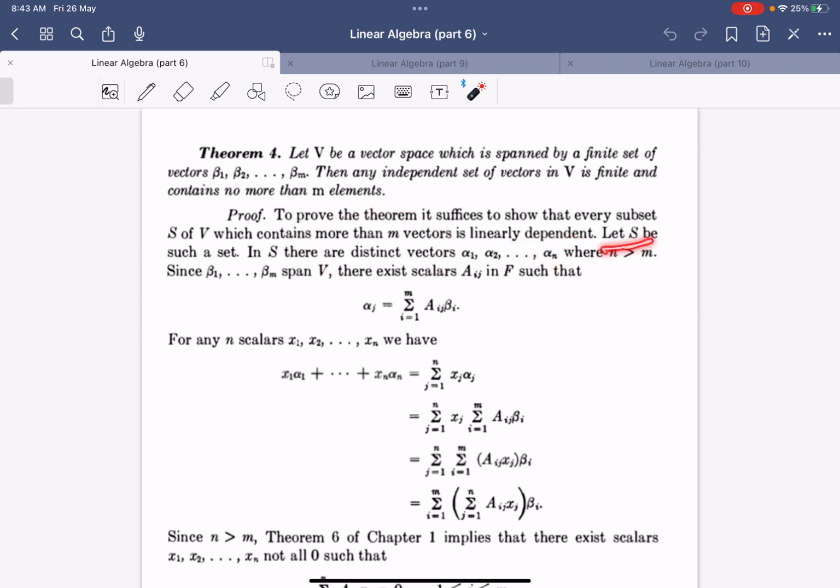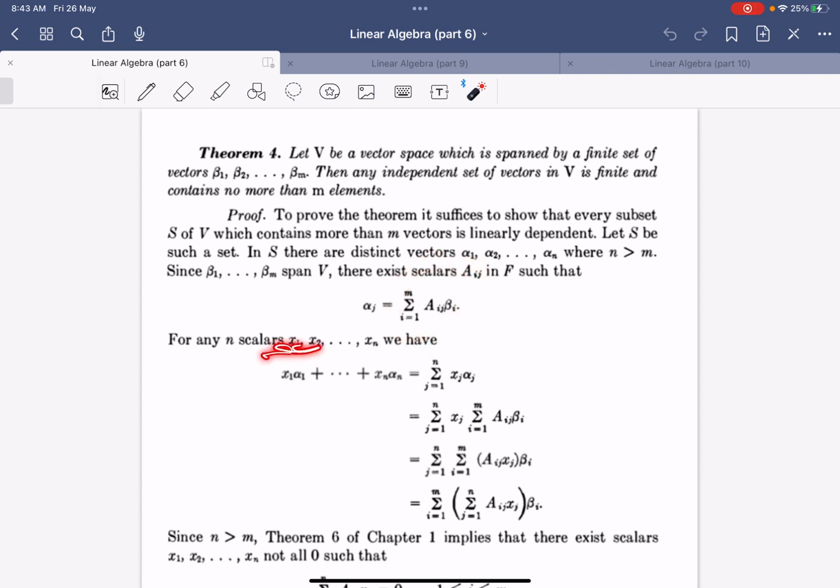So let F be such a set with n vectors, where n is more than m. Since b1 to bm spans V already, there exist scalars such that αj equals some combination of these βi's.